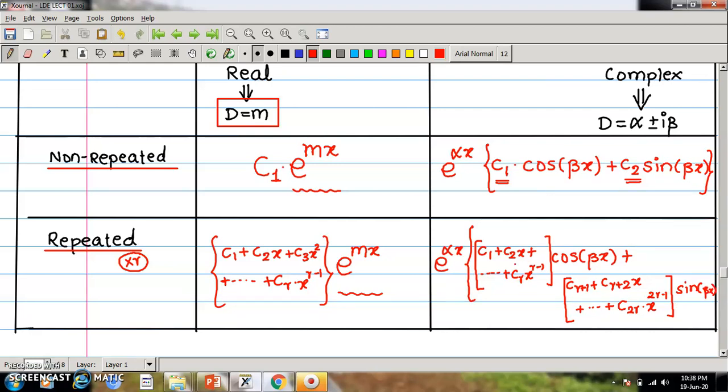Instead of general r, you can consider 2, so it will be c1 plus c2x into cos beta x plus c3 plus c4x into sin beta x.